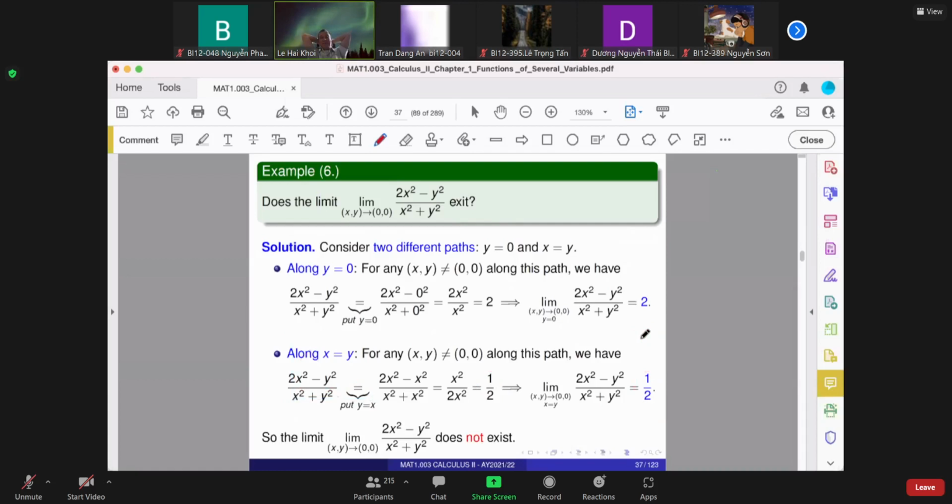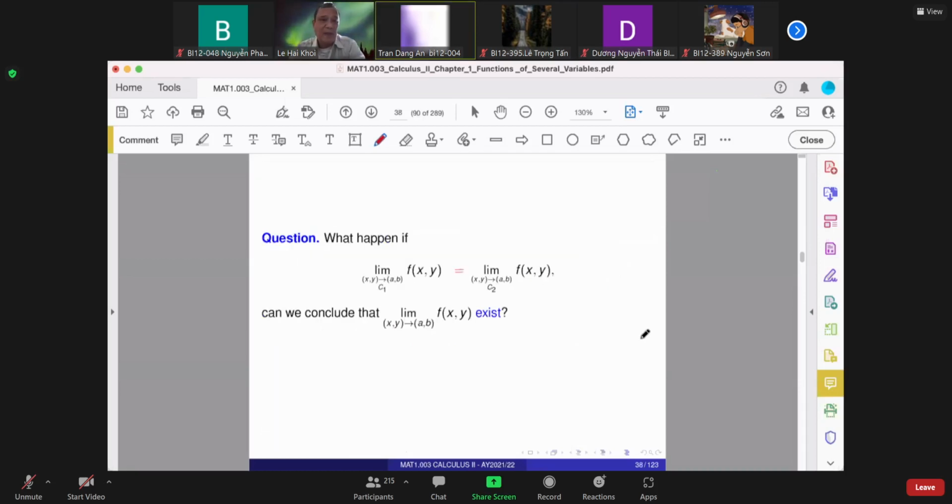Okay, so it's a very interesting and important corollary on how to prove that the limit doesn't exist. And the question I already talked about, but here I want to remind you again. What happens if you take two paths, but the result is the same?